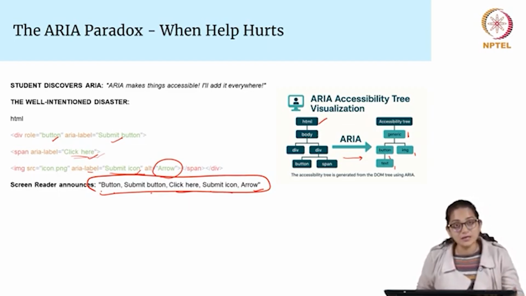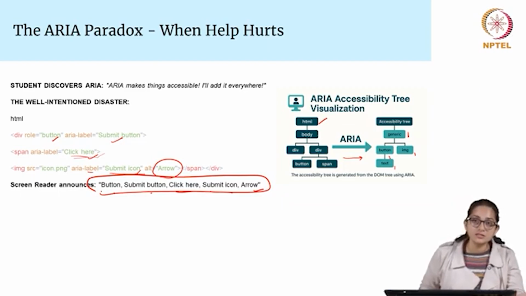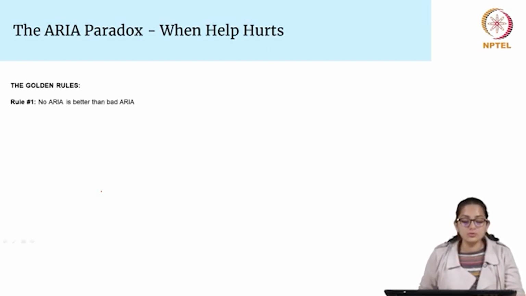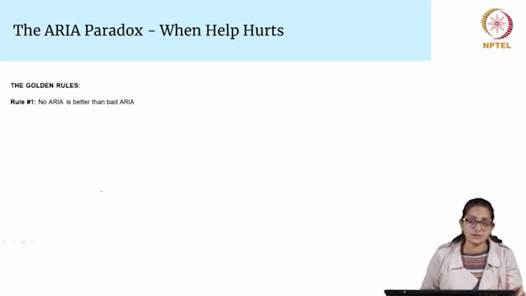And if you're adding ARIA labels, you can skip the HTML labels. The user may think, which one is what I'm supposed to do, where I'm supposed to go? So the golden rule is, don't use ARIA labeling if you're not fully aware of it.